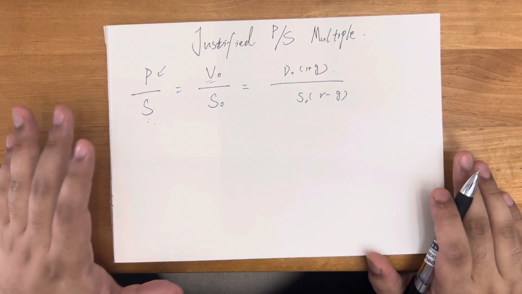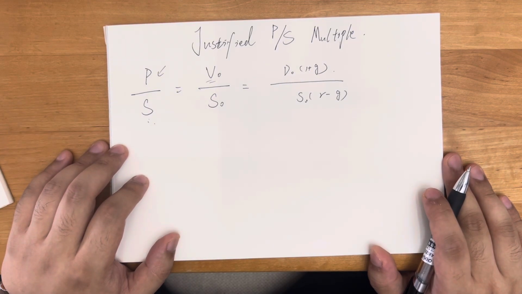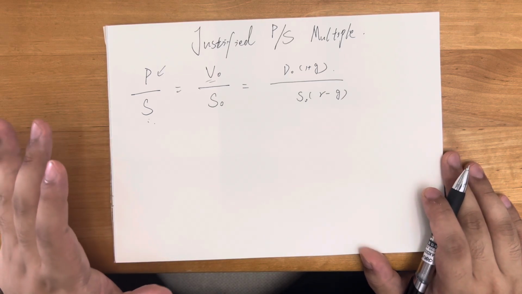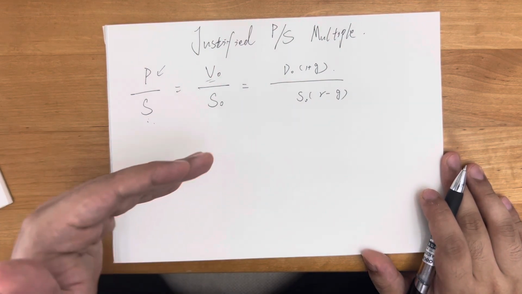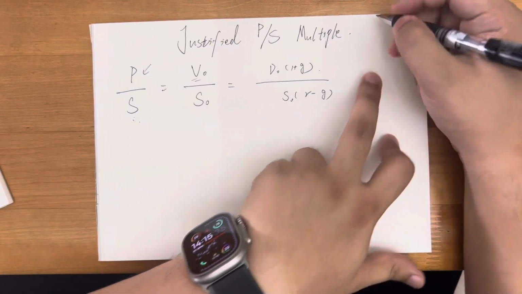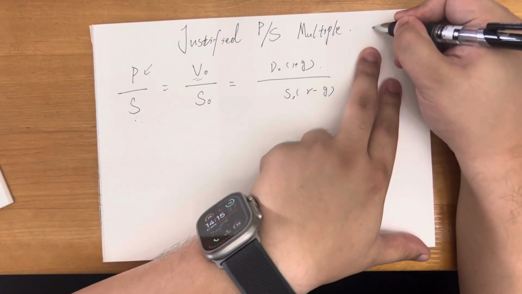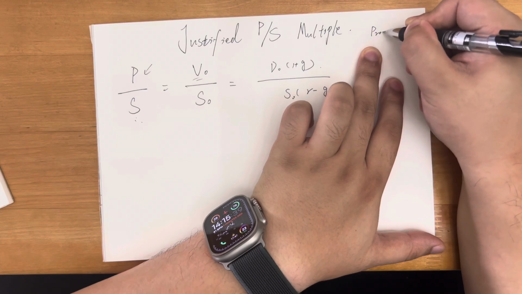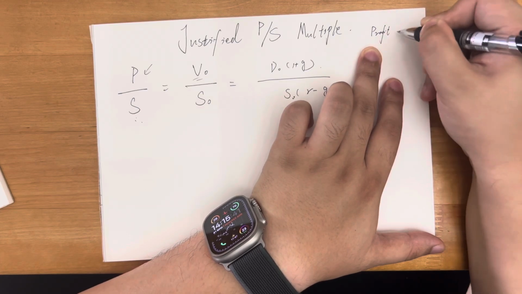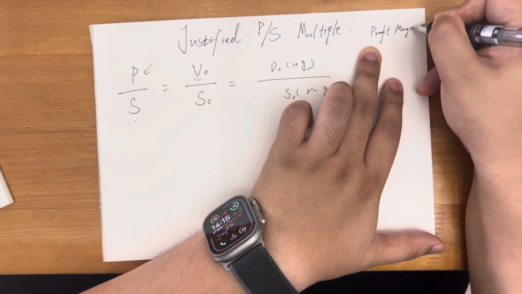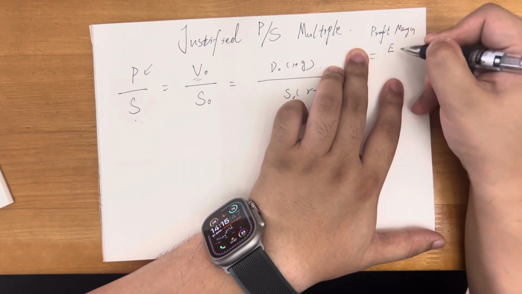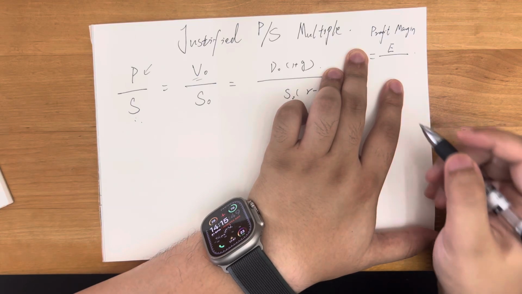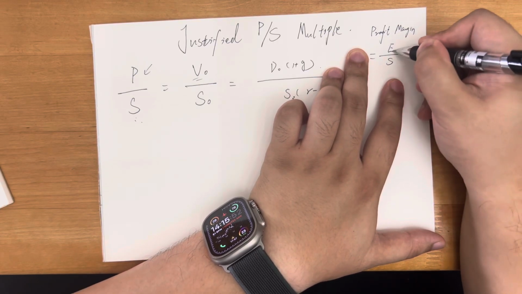And here comes an interesting part, because you have to change things a little bit. There's a concept called profit margin. Profit margin means the actual earnings that you make divided by the sales that you have.